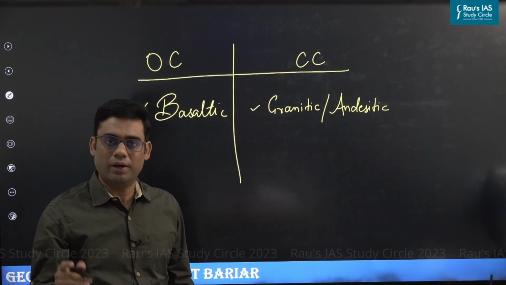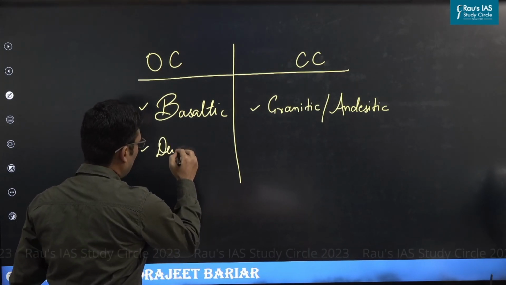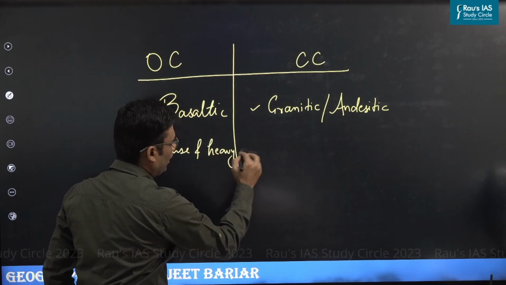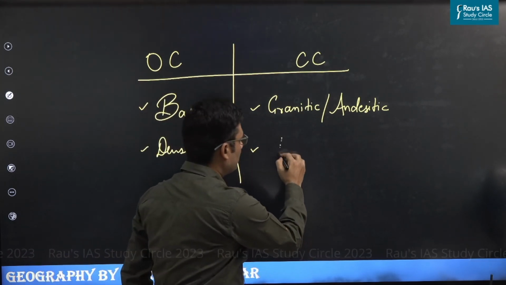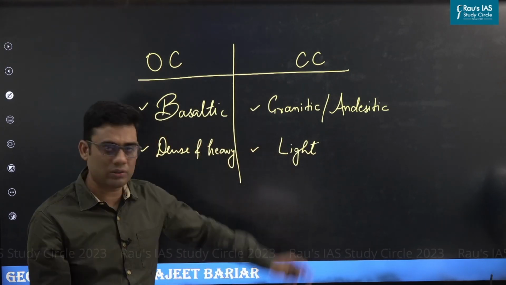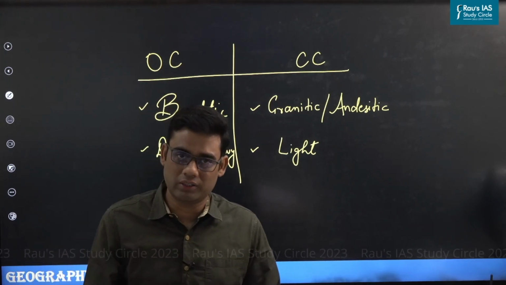This gives rise to another very important property: oceanic crust is dense and heavy, whereas continental crust is lighter. This is the difference in property that we are going to use heavily in plate tectonics.